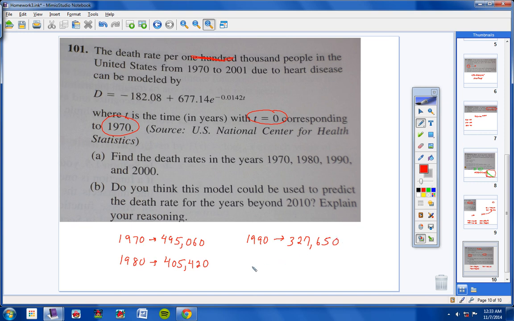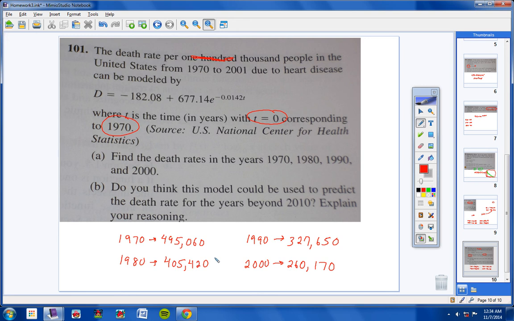And then for the year 2000, you will want to put 30 in for T, and you will get out 260,170. Now, so there's the death rates caused by heart disease. And you can see how it's decreased a lot, probably by medicine and also people being more aware of how to take care of their bodies and stuff like that.